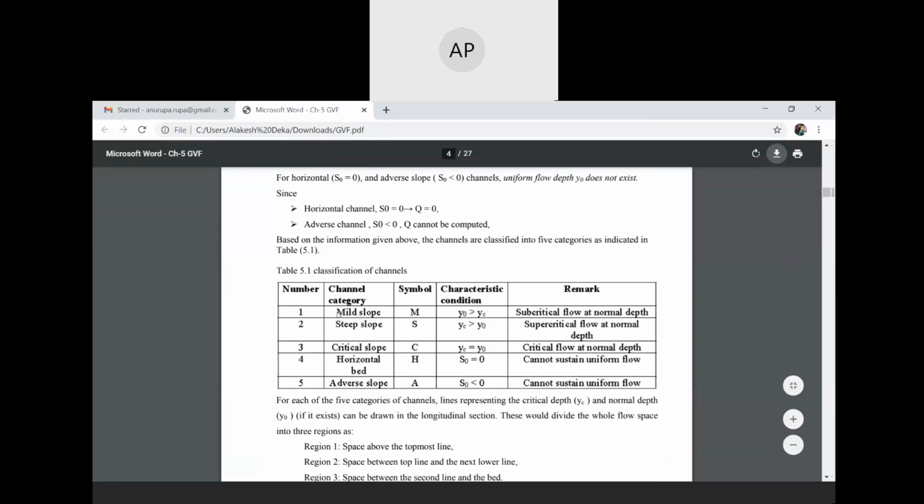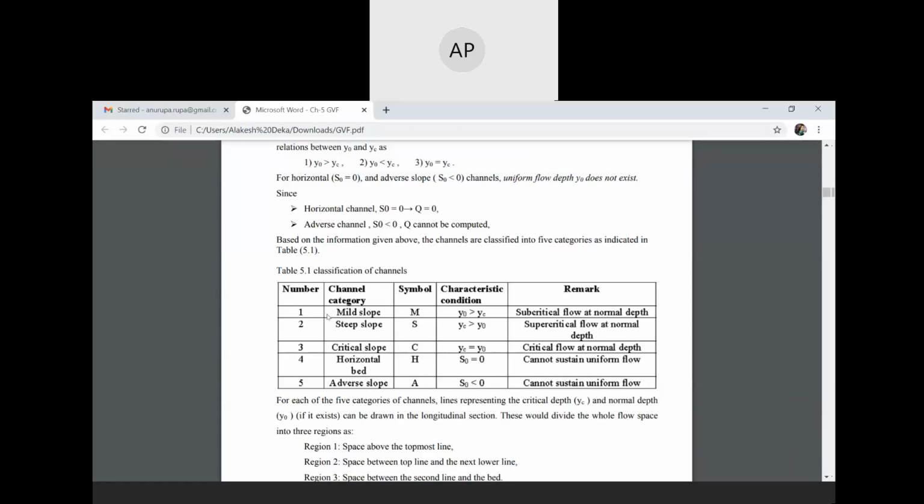These are the profiles of GVF and RVF. Sorry, these are the slopes, okay? Mild slope, steep slope, critical slope, horizontal bed, and adverse slope. The short forms of the slopes are M slope, S slope, C slope, H, A. Okay. And what are the conditions?